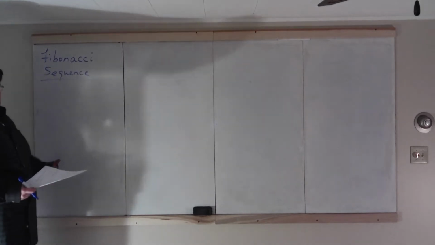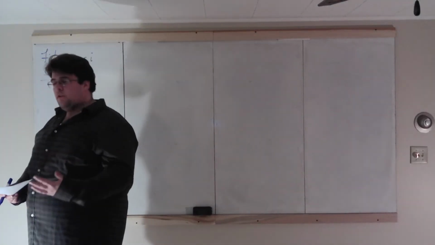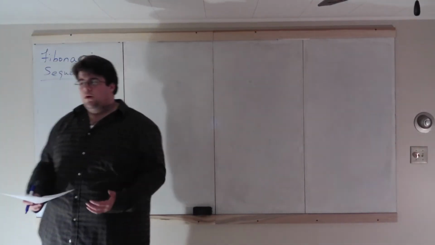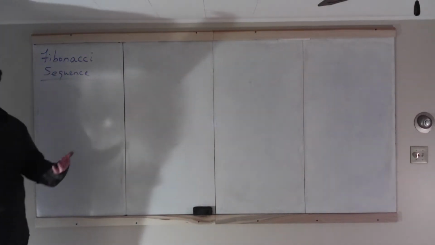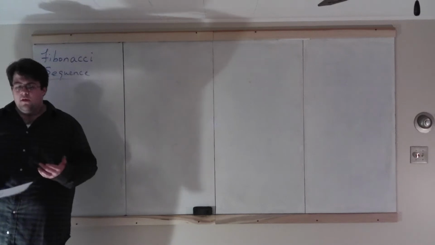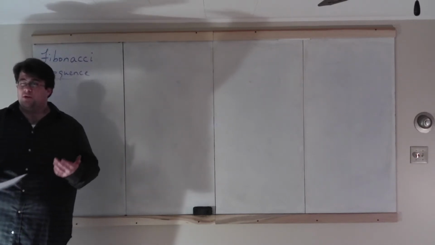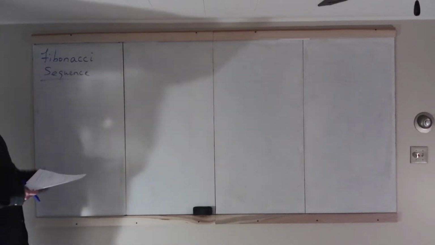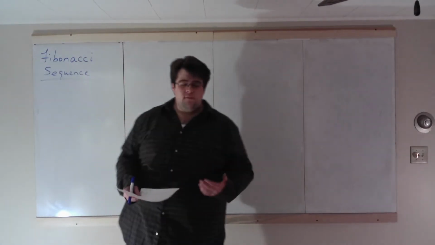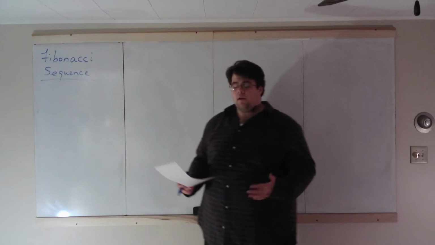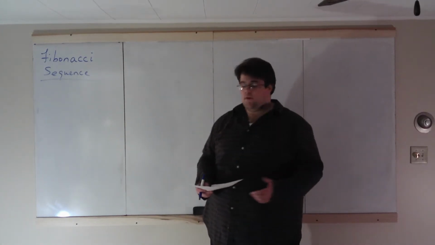But the mathematician currently known as Fibonacci was around in the 1100s or the 1200s, and he was probably the most famous, I would say the most consequential mathematician of his time. He was Italian, and he was one of the first who began using the Arabic numerals rather than the Roman numerals.